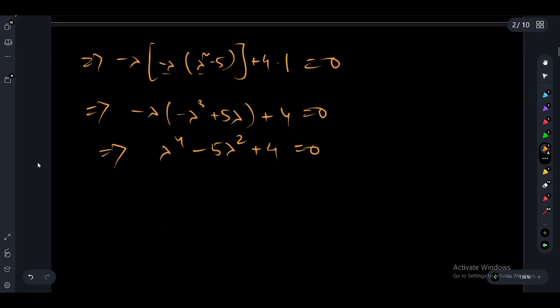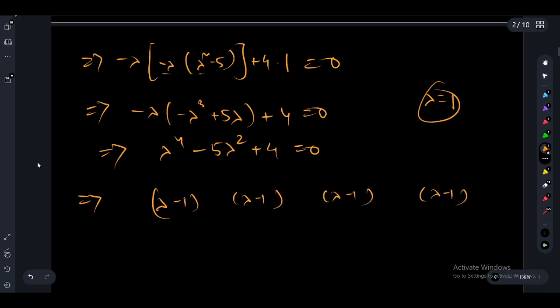Now we can see for lambda equals 1, this satisfies this equation, so this can be written as lambda minus 1 times a cubic. Since this polynomial has highest degree 4, we divide it out.